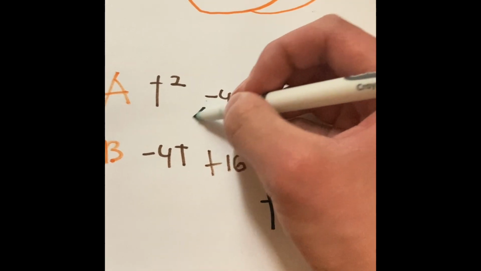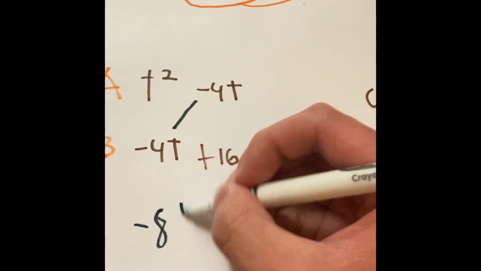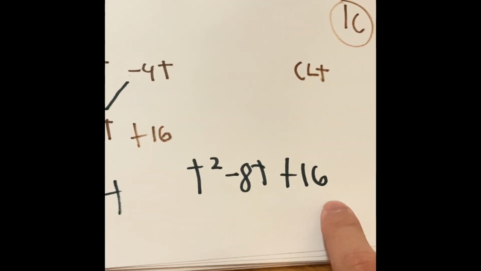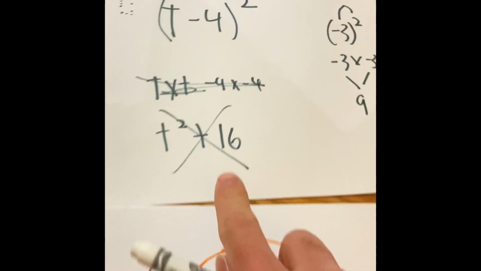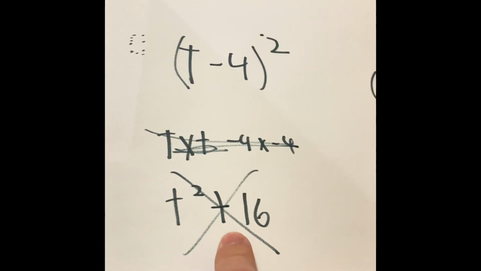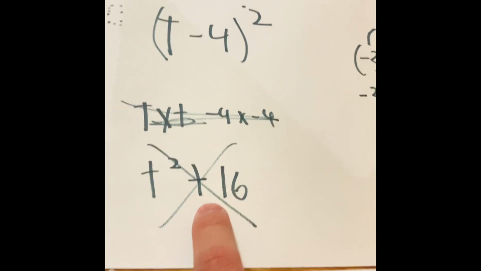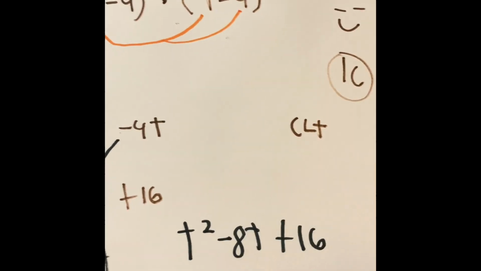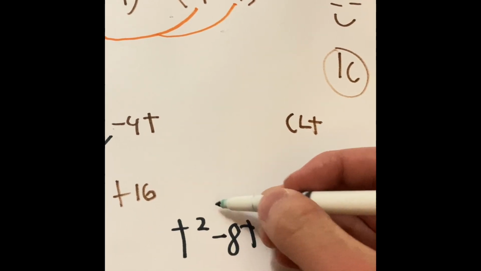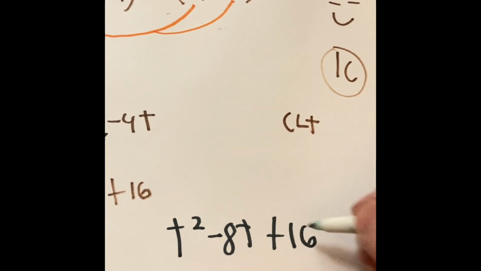We combine the like terms to get -8t. So here's our final answer, which is a lot different than what students and possibly other people probably got. This is our final answer: t to the second power minus 8t plus 16.